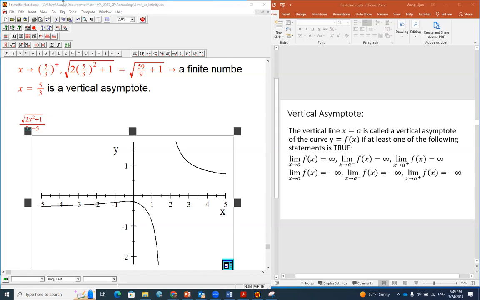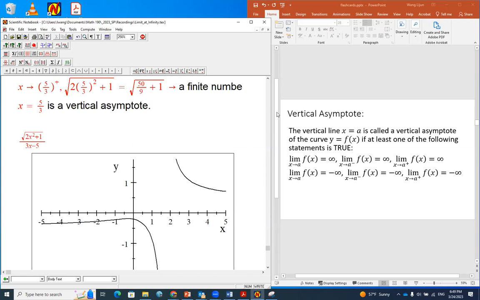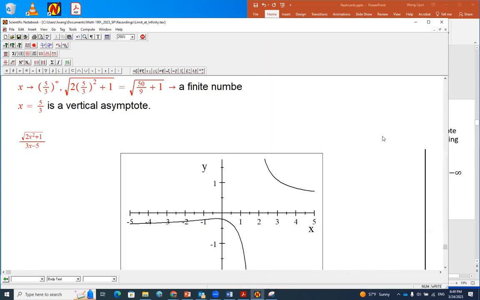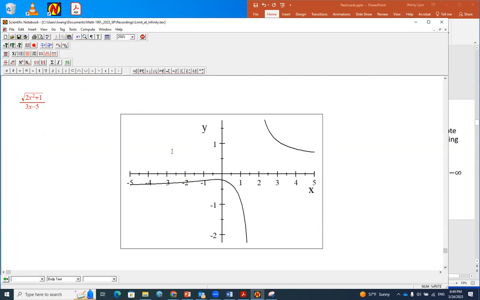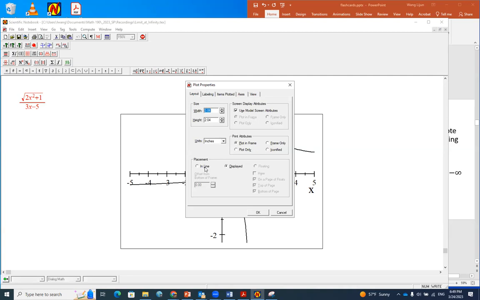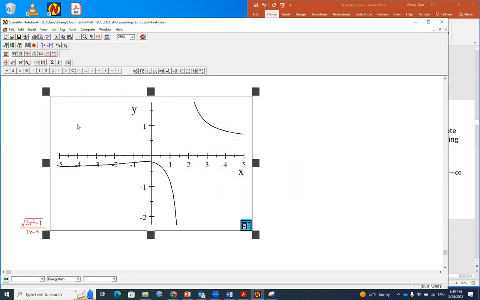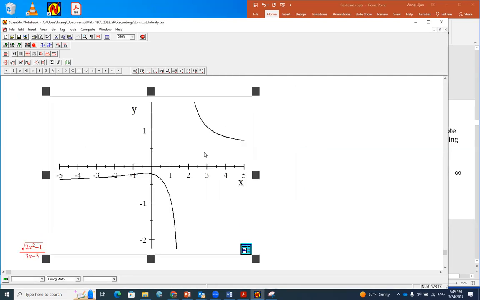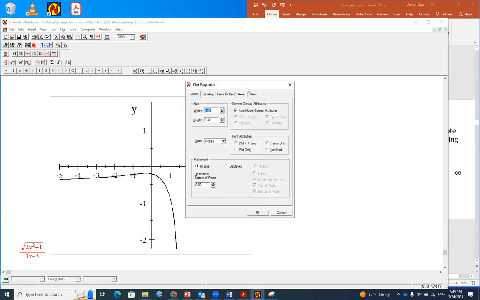Make this wider this way. That function. Move up a little bit. So the vertical asymptote is here. The horizontal asymptote, we know we have two of them. So let's take a look.